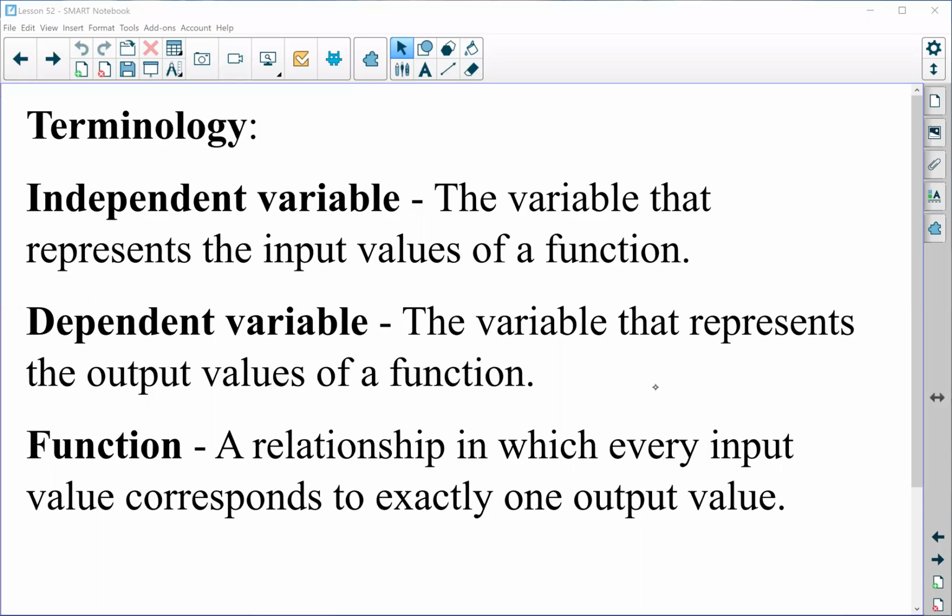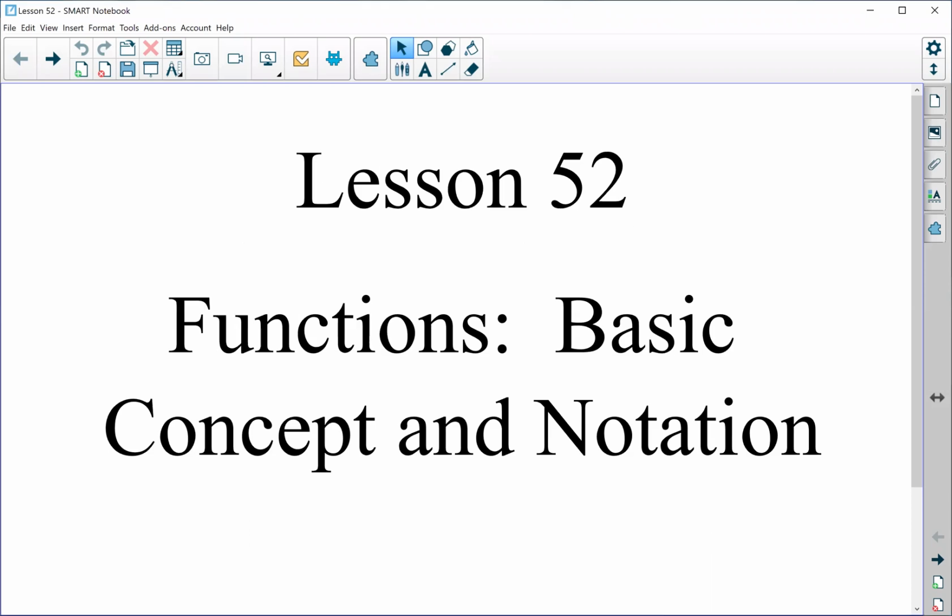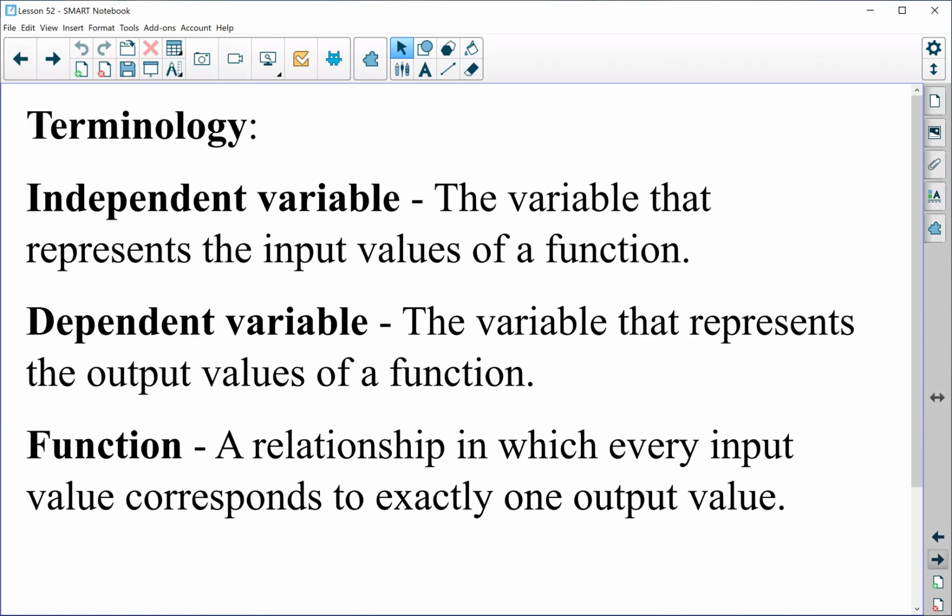All right, so just lesson 52, functions, basic concepts and notation. And here are some definitions that I think should be pretty much a review.